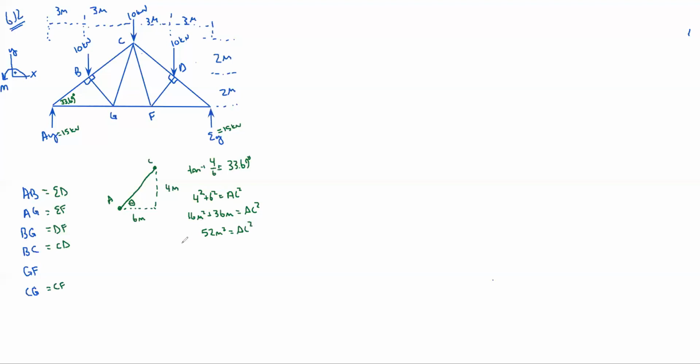Take the square root of both sides, and we get AC is equal to 7.2111 meters. I'll go ahead and write that, in brown.